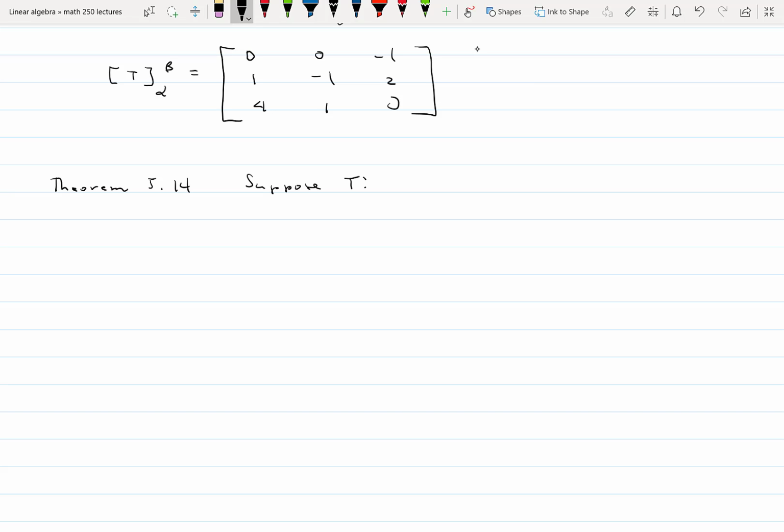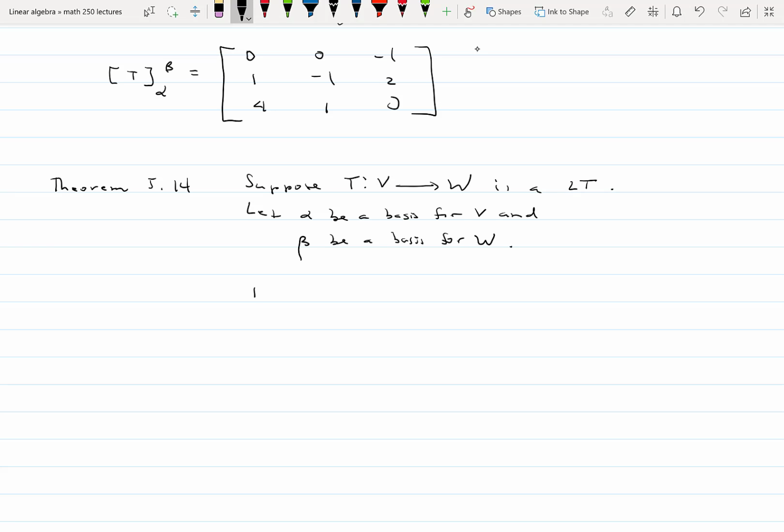Suppose that T is a linear transformation between two vector spaces V and W. Let alpha be a basis for V and beta be a basis for the transform space, the codomain.